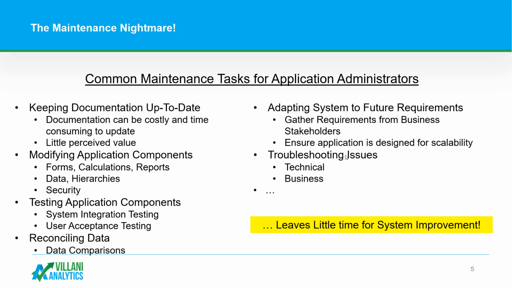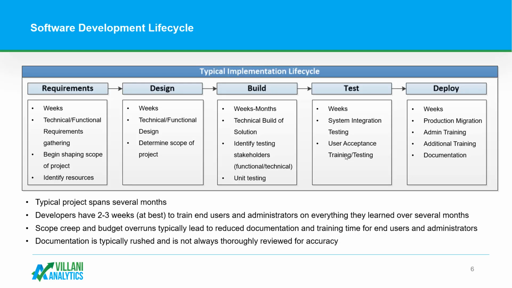And as a result, a lot of our clients and organizations that we talk to will tell us that application functionality has pretty much stayed the same over the last 5 years, 10 years, in some cases 20 plus years. And that's because nobody has time to go and actually improve the system, because so much time is spent on the maintenance aspects of it.